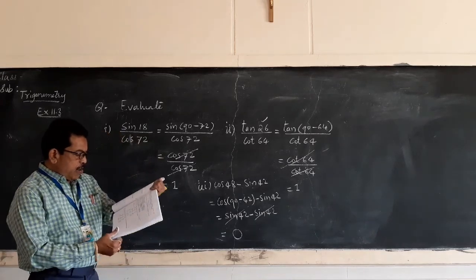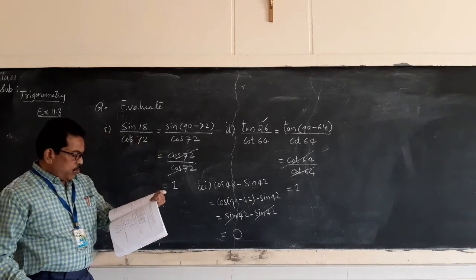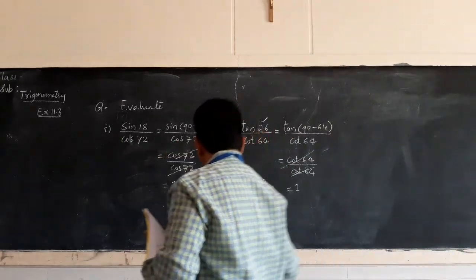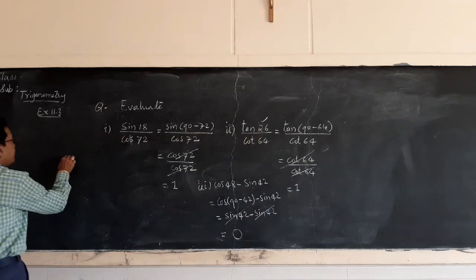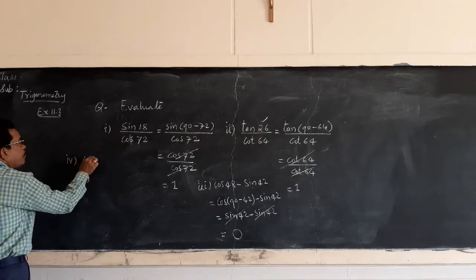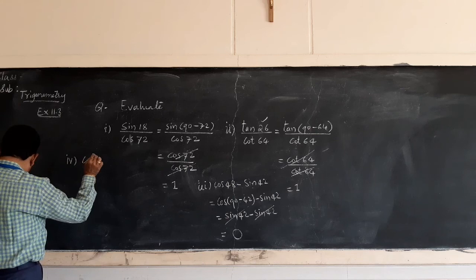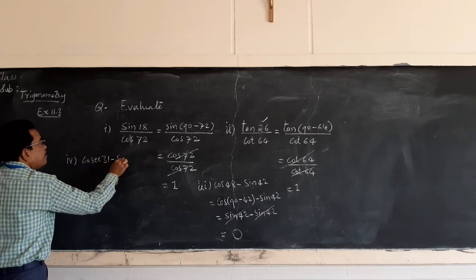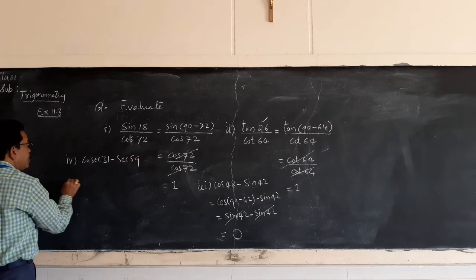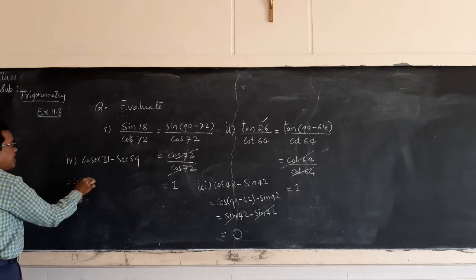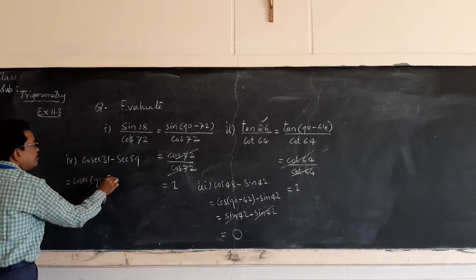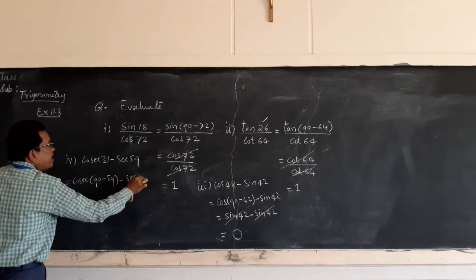Okay, now the fourth one, cosec 31 minus sec 59, that is equals to cosec of 90 minus 59 minus sec 59.